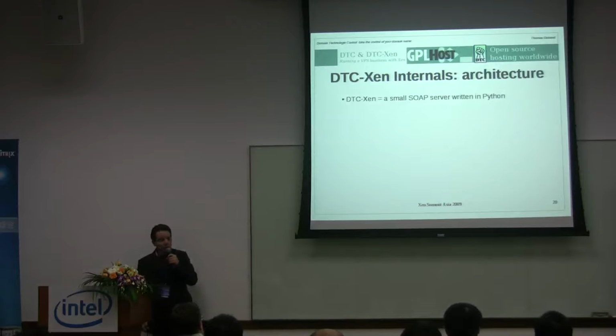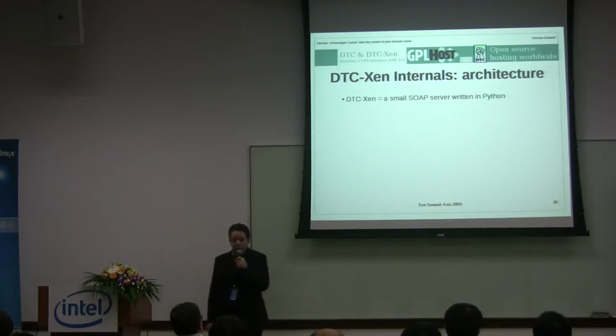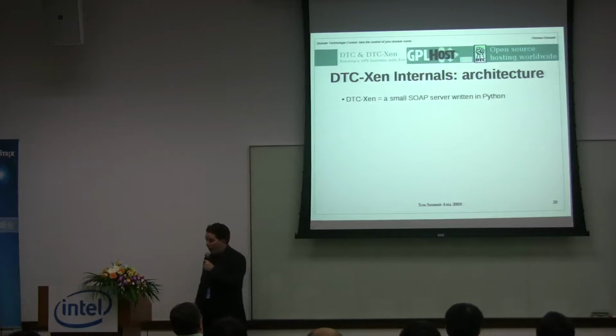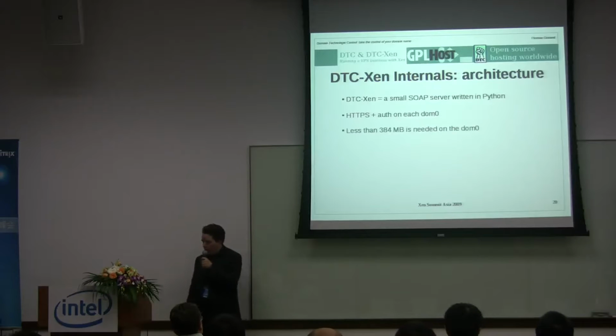A bit of internal technical part here. As I said earlier, DTC-Xen is written in Python. We picked Python because that's the language of choice of Xen. So it keeps the Dom0 footprint very small, and it's a very powerful language. I talked about that already.